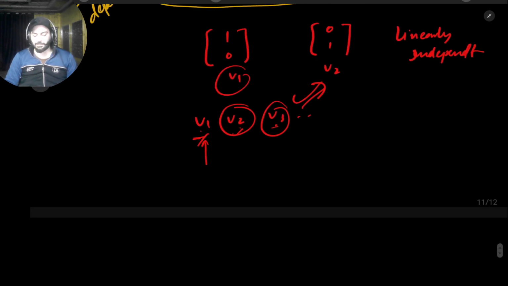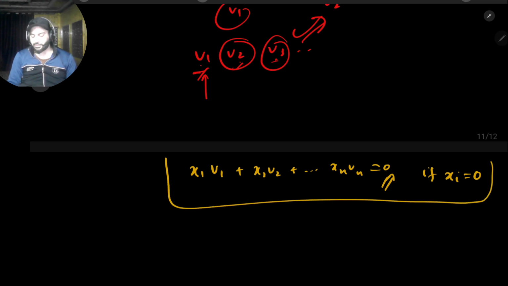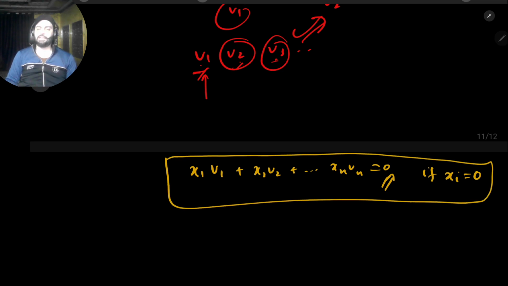Mathematically, how we write them: x1 v1 plus x2 v2 plus and so on, plus xn vn is equal to 0. This is only 0 if all x's are 0. If this condition is satisfied, then we call the vectors linearly independent vectors. It basically means if you take any of these vectors, you cannot form that vector by the linear combination of other vectors in the set.